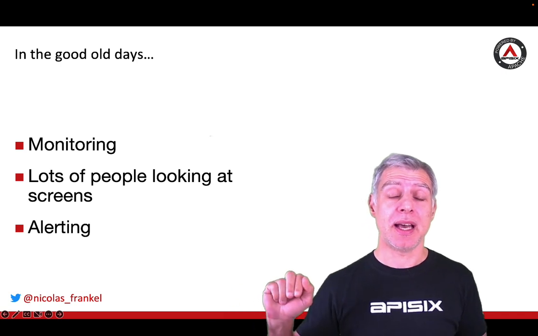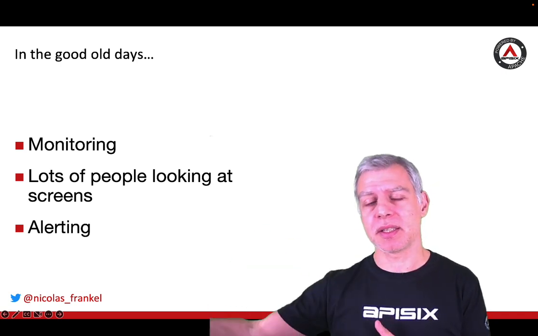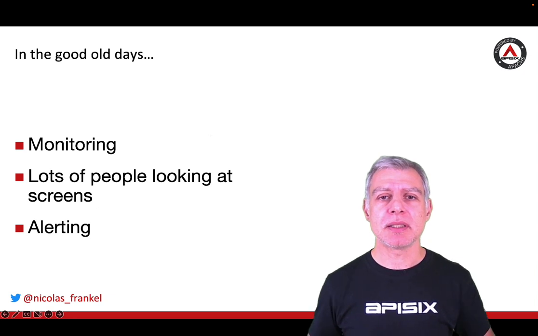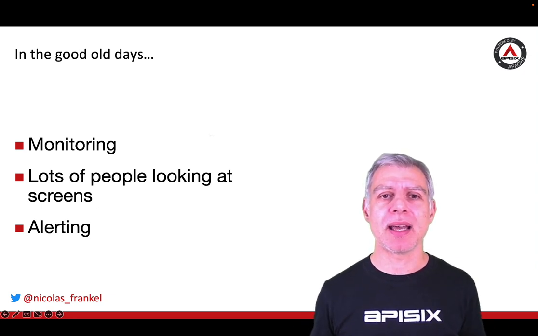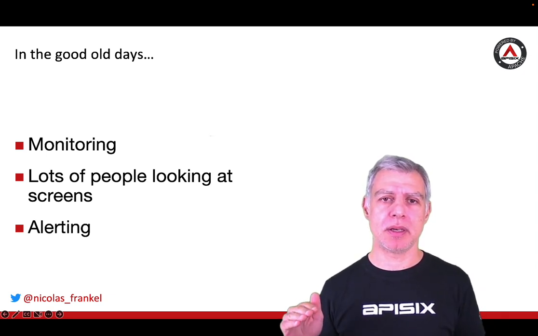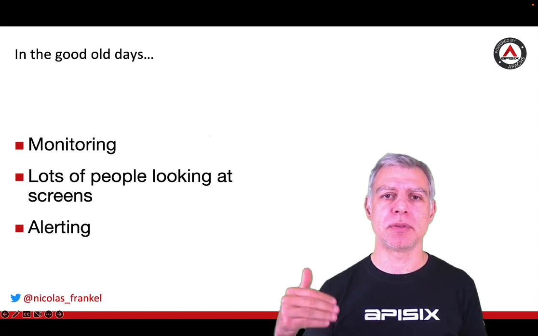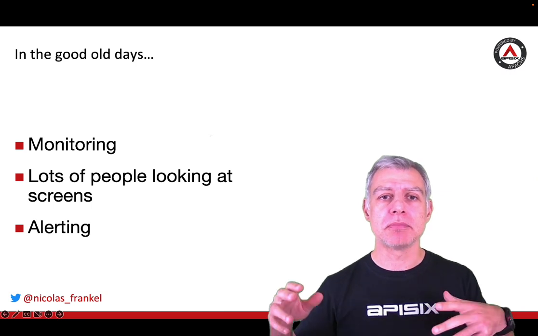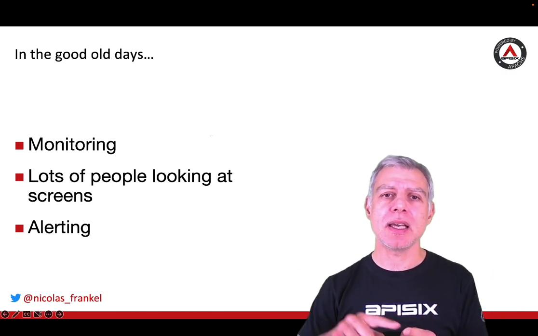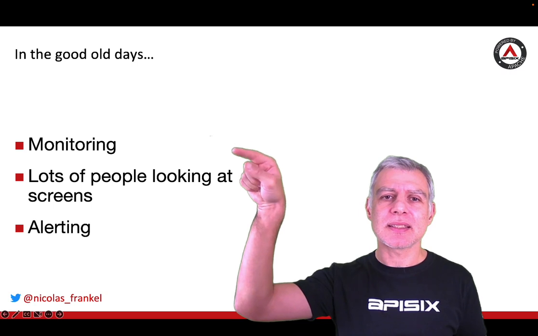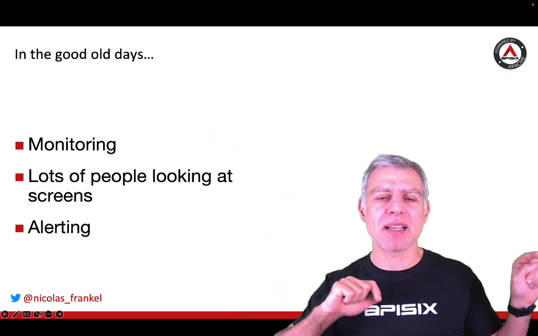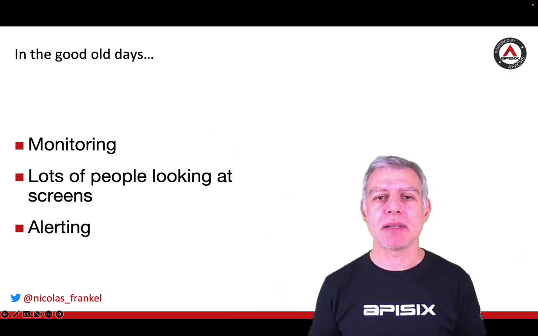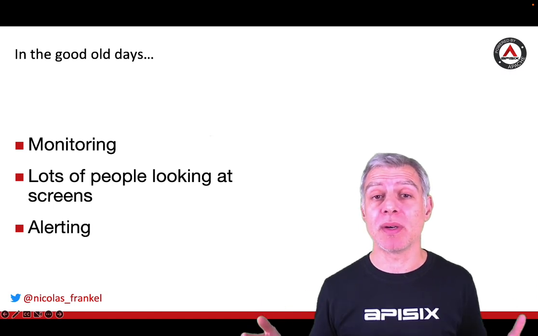Sometimes you even had alerting, or alerting came afterwards, but basically monitoring meant you had low-level information into your information system, and you had to have people who could realize that, hey, this slight anomaly here and this slight anomaly here meant that actually something bad was happening.